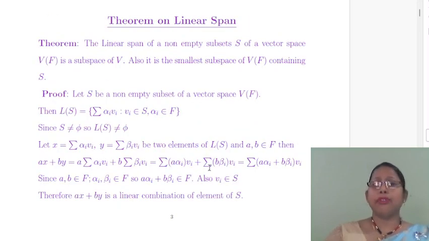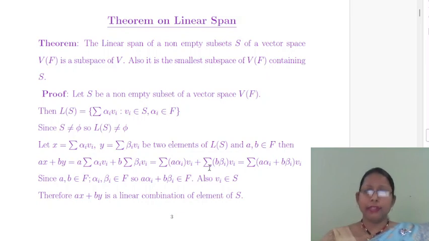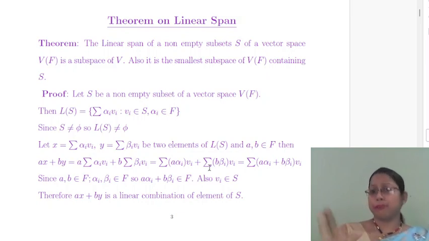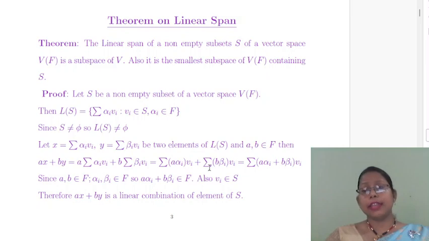Next is the theorem on linear span. The first theorem is that the linear span of a non-empty subset S of a vector space V is a subspace of V over the field F. Also, it is the smallest subspace of the vector space V containing S. Here, we have a given non-empty set S. We have to show that the linear span of this set S is a subspace of the vector space V, and further, that it is the smallest subspace of that vector space.